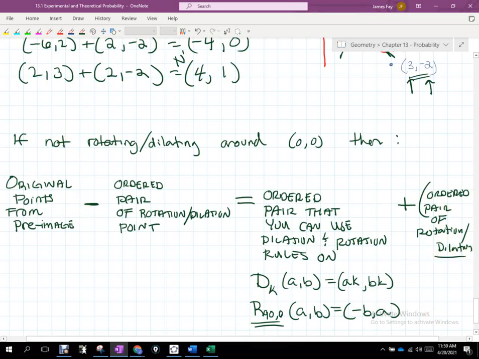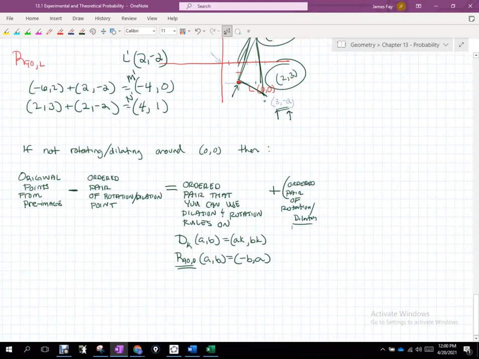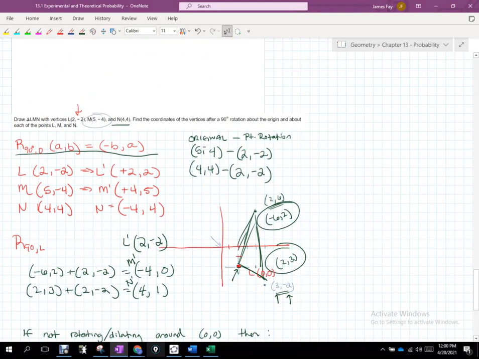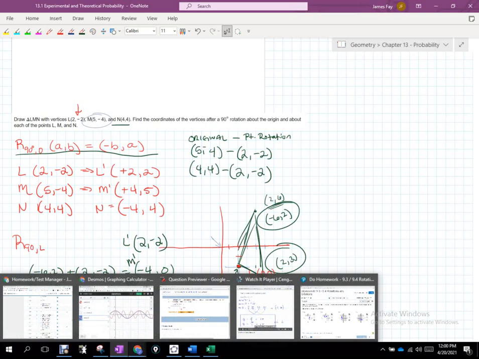So you start with an ordered pair, you subtract away something from it, apply your rule, then add back in what you subtracted out. And that will give you your final result. Does that make sense? Okay. That's for rotations and dilations. Does that help? Any other questions on that assignment you guys want to talk about?